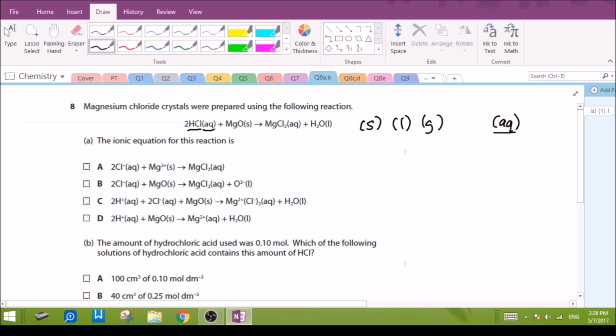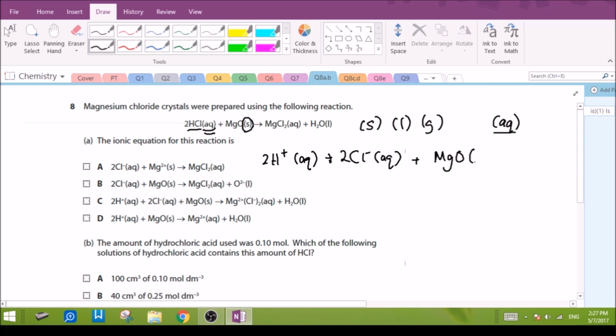Hydrochloric acid, it is aqueous, so we will split it into its ions. Hydrogen ions, there are 2 of them because it's 2HCl. Chloride ions, 2 of them. This is hydrochloric acid being split into its ions. Magnesium oxide is solid, so we do not make any changes to the compound.